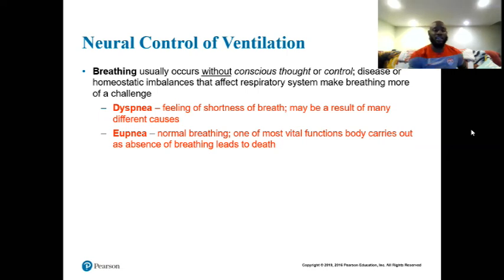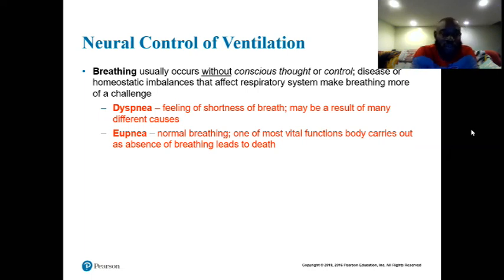It's something that we don't have to think about for it to happen, just like we don't have to think for our heart to beat. These things happen unconsciously, without conscious thought or control. There is something controlling it, but we're not consciously controlling it.